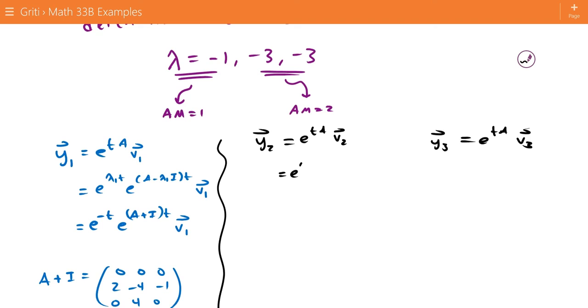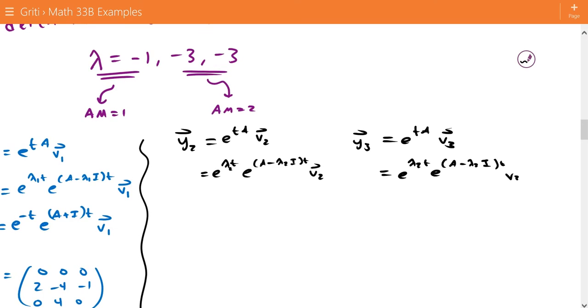Expanding this out, this gives us e to the lambda 2 t times e to the (A minus lambda 2 I) times t times v2, and e to the lambda 2 t times e to the (A minus lambda 2 I) t times v3.